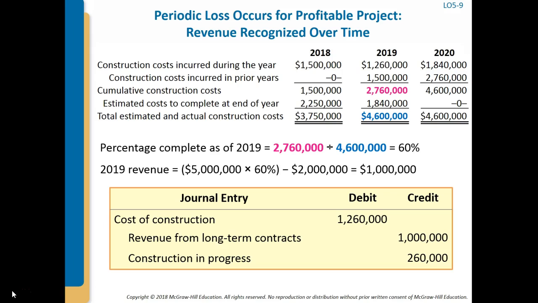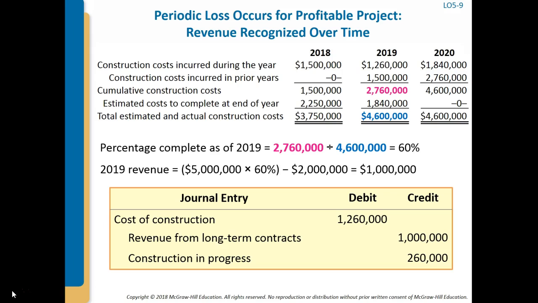The $1.5 million divided by the $3,750,000. Revenue of $2 million, the cost of construction of $1.5 million gives us our gross profit of $500,000. That gets recognized in 2018 as we previously determined.